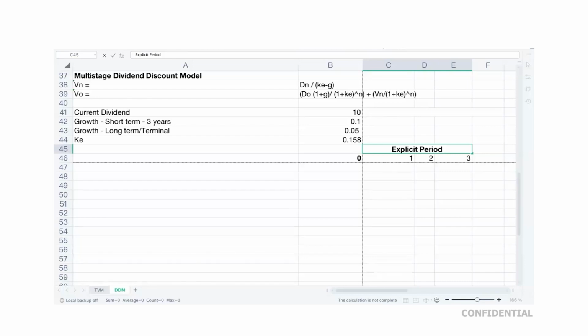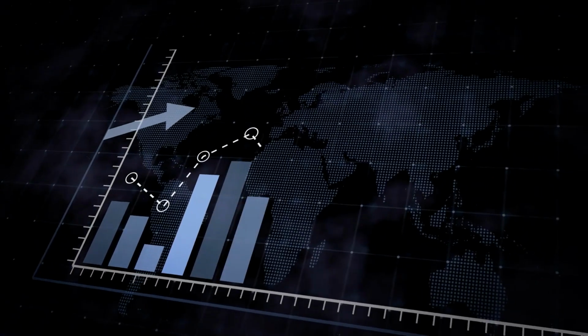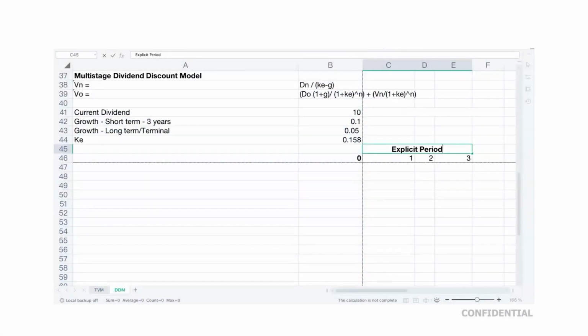But after that it is very difficult, even for your own company, to forecast how it will do in the next 10-20 years. So there will always be a limitation to forecasting, and as a financial modeler it is always difficult to forecast a company's future.